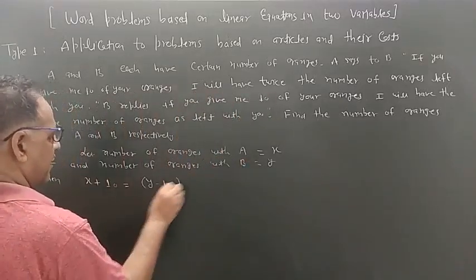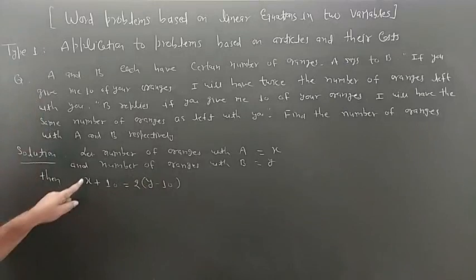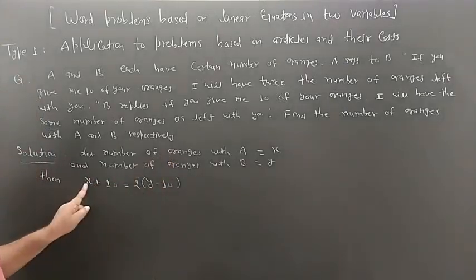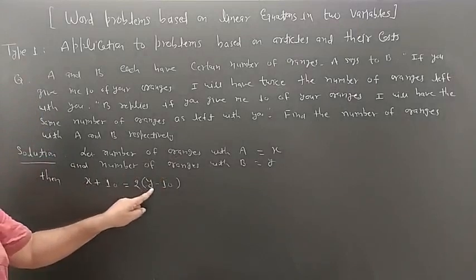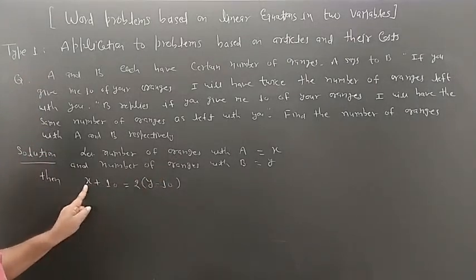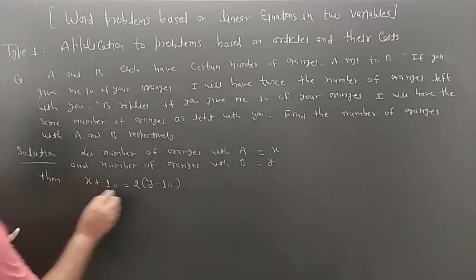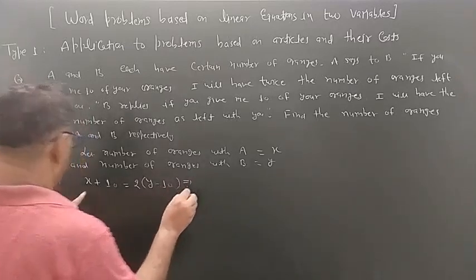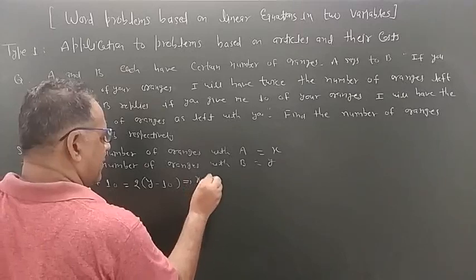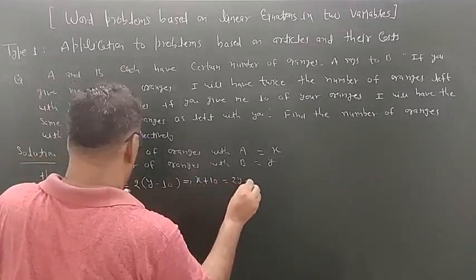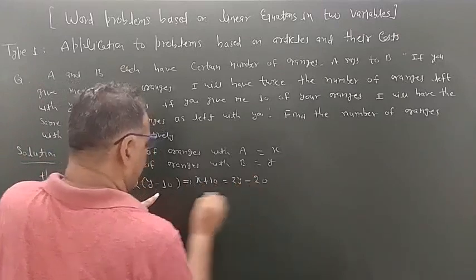That means this is the condition. When 10 are given by B to A, A becomes X plus 10, B becomes Y minus 10, and the equation becomes X plus 10 is twice the Y minus 10. So after simplifying, we have X plus 10 equal to 2Y minus 20.